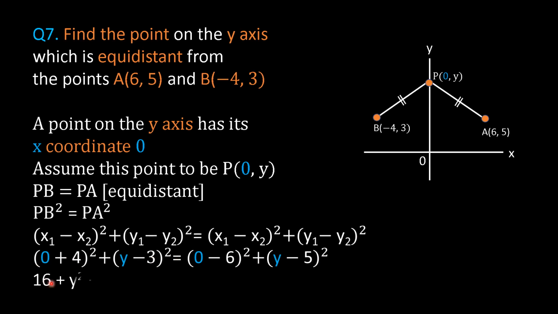This gives us 4 square 16, y minus 3 whole square is y square minus 6y plus 9, minus 6 square is 36, and y minus 5 whole square will be y square minus 10y plus 25.